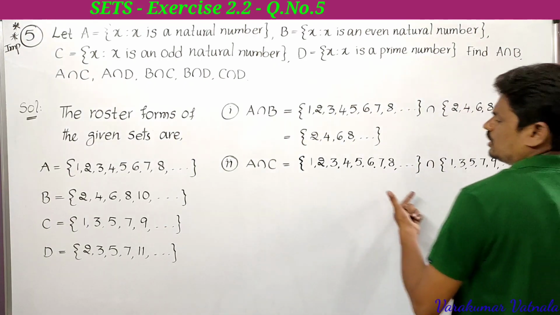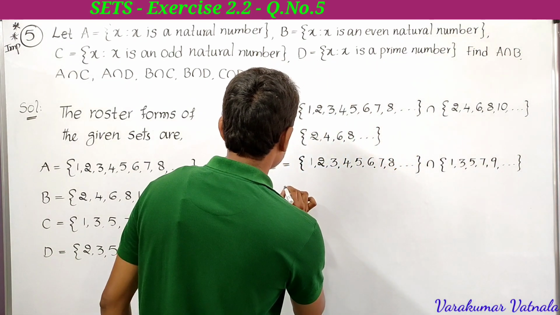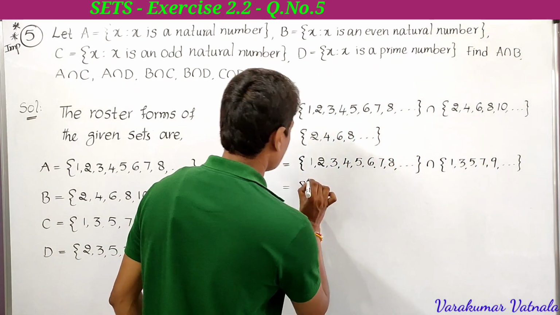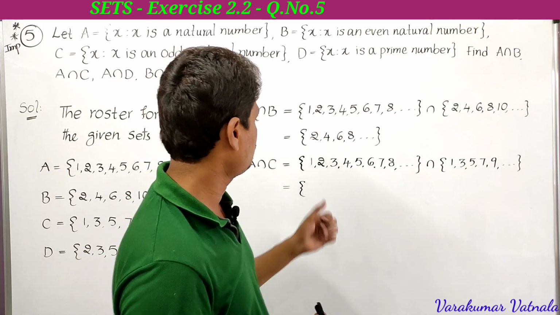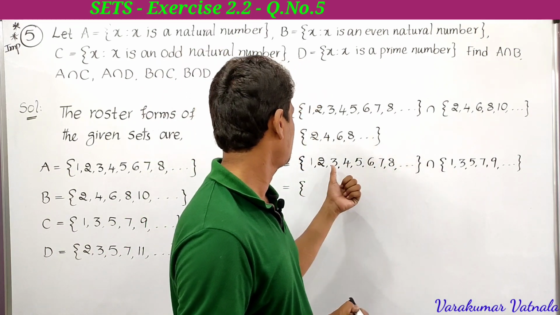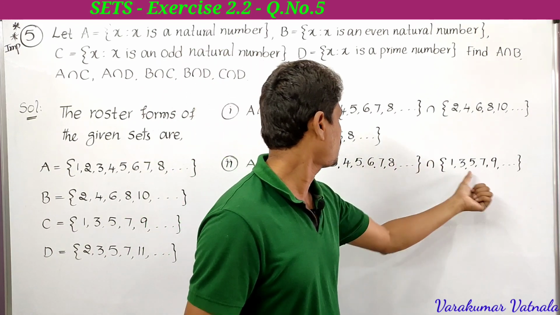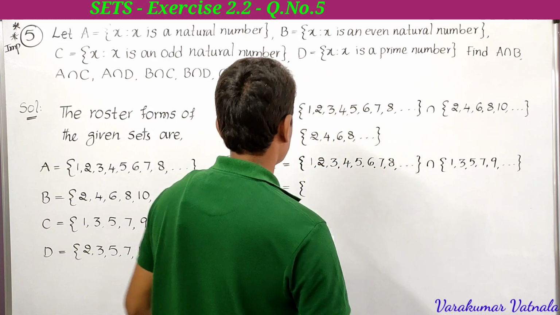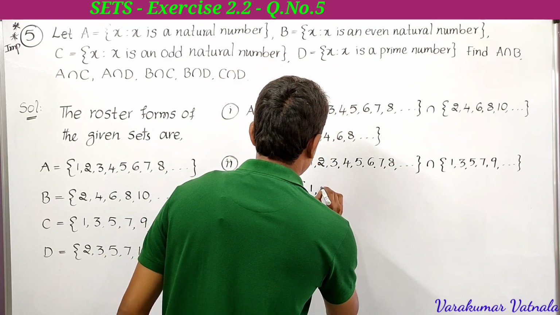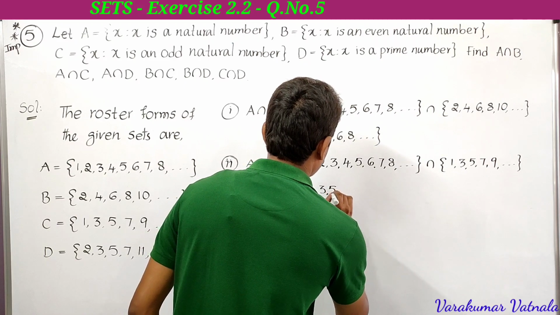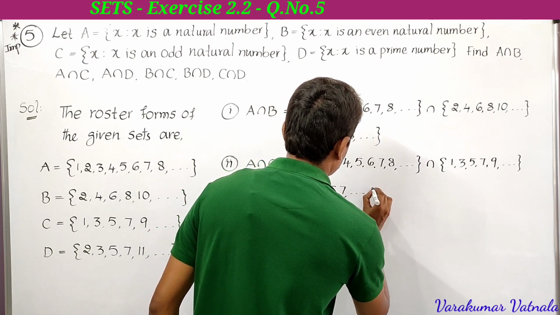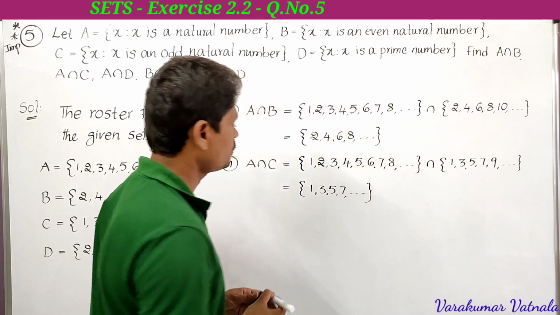Now for the intersection, we write only the common elements, which should be present in both sets. Yes, 1 is a common element, then 3, 5, 7 and so on. These are the common elements, 1, 3, 5, 7 and so on. So this is A intersection C.